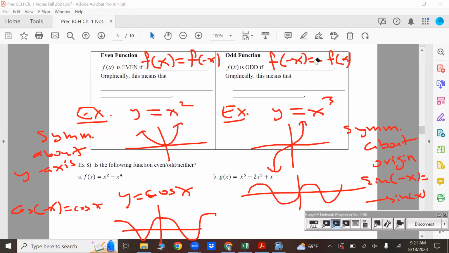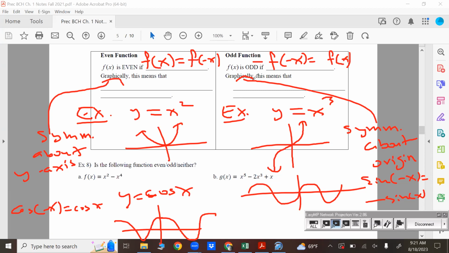It doesn't matter where you put a negative somewhere. That's the same thing. Graphically, this means symmetric about the y-axis, symmetric about the origin. I already wrote that down, so you put that there. This is also just getting more intimate knowledge about the graphs, so you understand, okay, you gotta make sure this is happening.